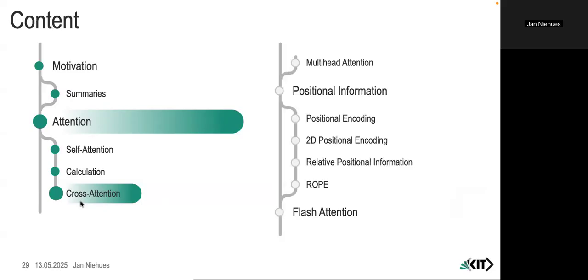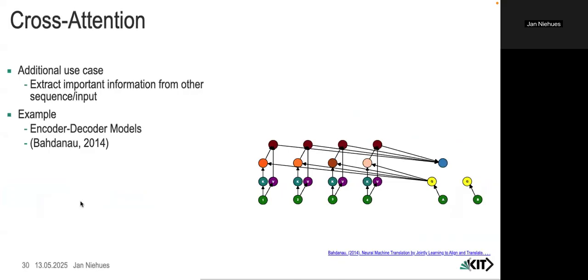It's just a different type of application of attention, which is not for what we had before, to learn a new representation for the sequence, but the same technique can also be used to influence one sequence by another one. That is what is called cross-attention.